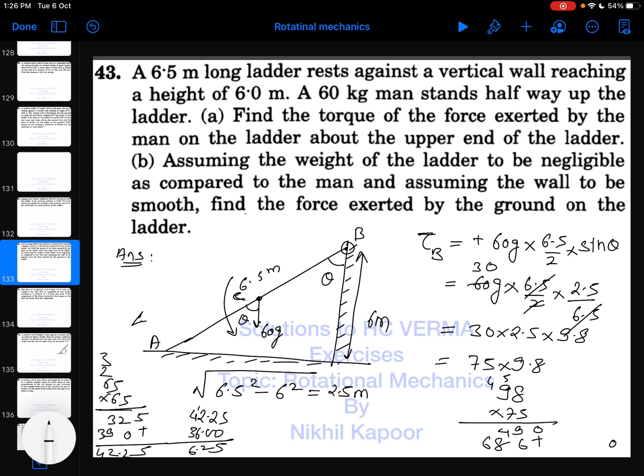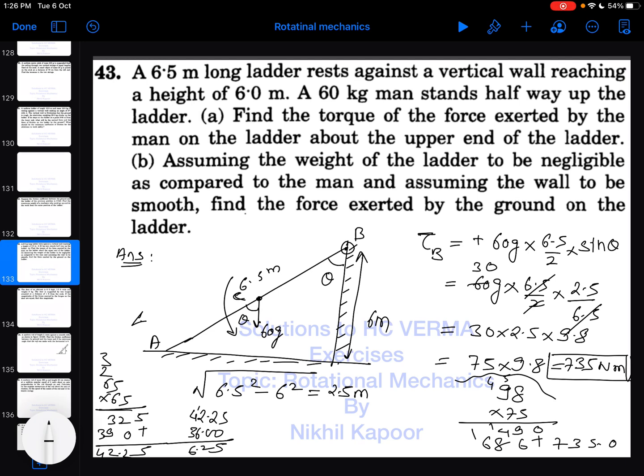So the addition comes out to be 0, 5, 1 carry, 8 plus 4 is 12 plus 1 is 13, 3, 1 carry, 6 plus 1 is 7. Decimal point after 1 digit. So that comes out to be 735 Newton meter. That is the torque due to the weight about the upper end of the rod.